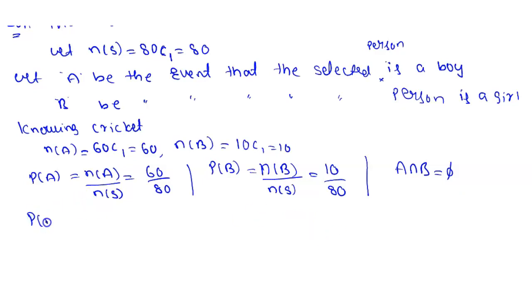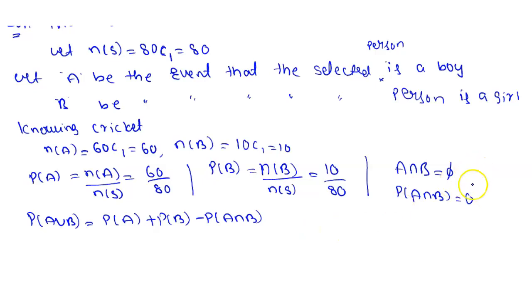Now I am applying the formula for A union B. P of A union B is equal to P of A plus P of B minus P of A intersection B. Here A intersection B is empty, in the sense P of A intersection B goes to 0, right?